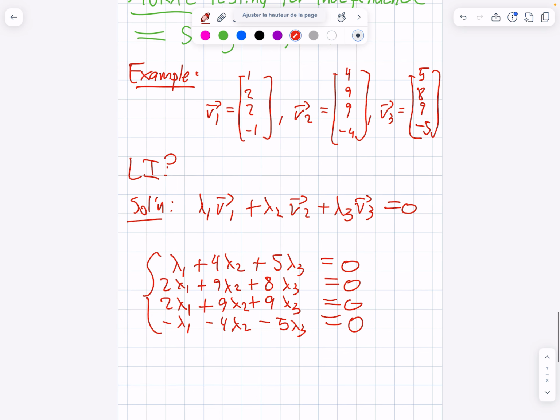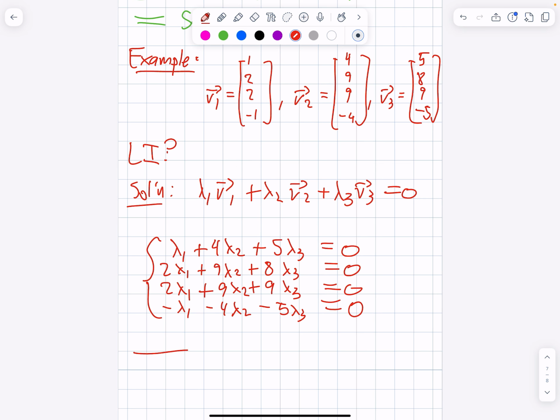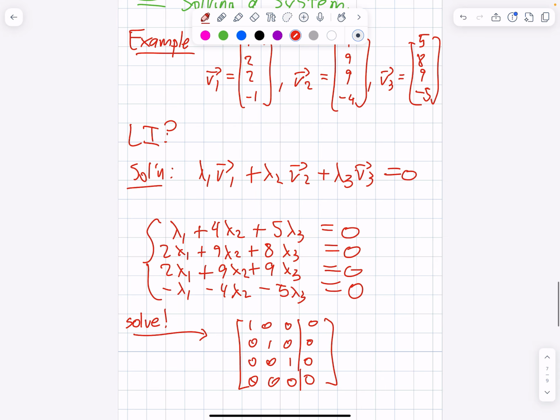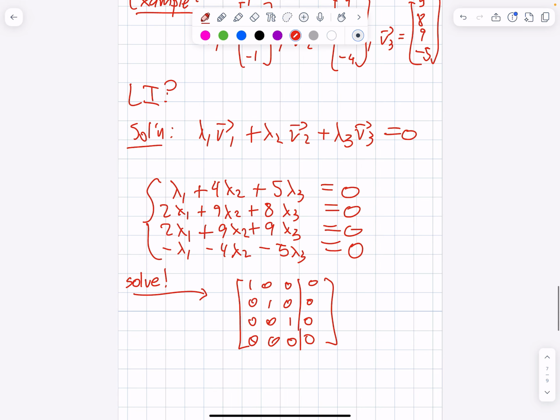Let's just skip through the details here. You solve this system, you know how to solve. And what do you end up with? You end up with the following reduced row echelon form: 1, 0, 0, 0, 0, 1, 0, 0, 0, 0, 1, 0. And we're not done. We also have a row of zeros at the bottom. This tells us we have a unique solution.